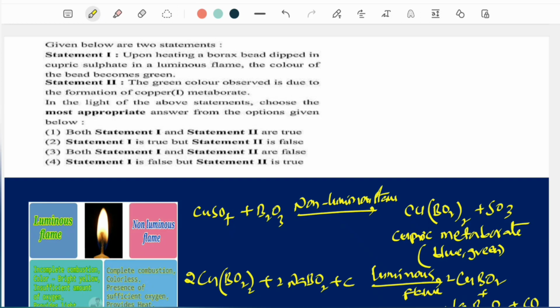The blue-green cupric metaborate is reduced to colorless cuprous metaborate.